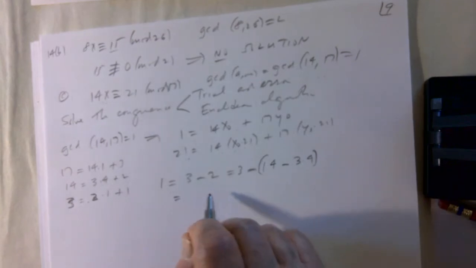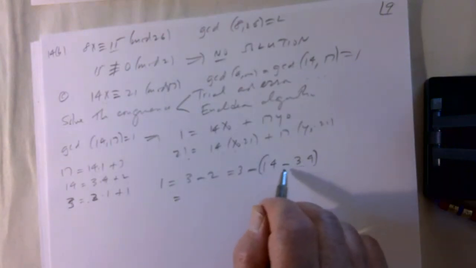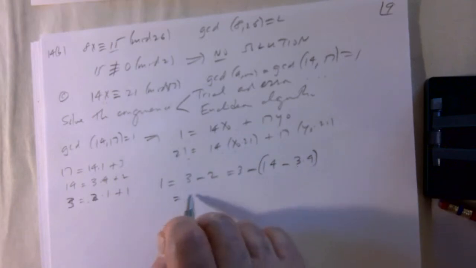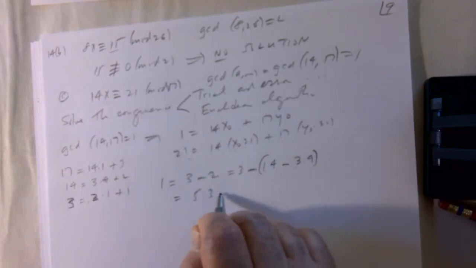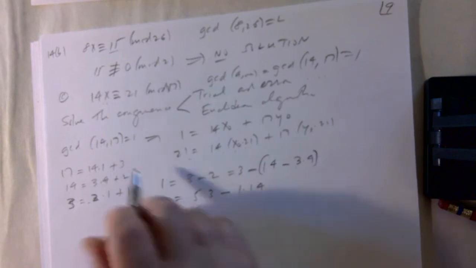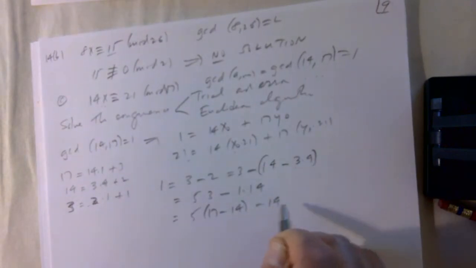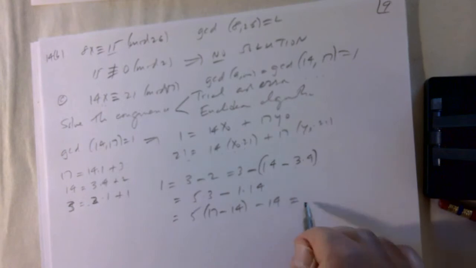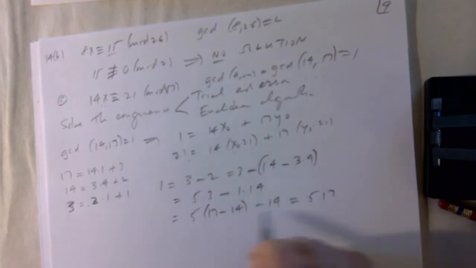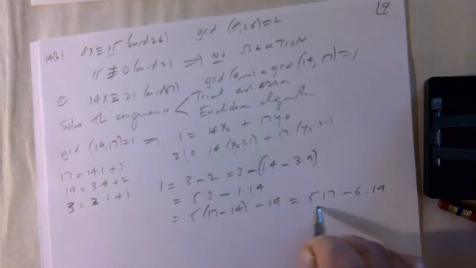So this is 3 minus 3 times 4 minus 14. That's 5 times 3 minus 1 times 14. And 3 is 17 minus 14. So this is 5 times 17 minus 6 times 14.